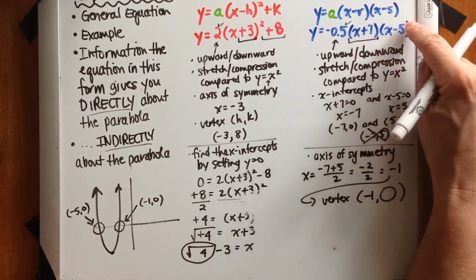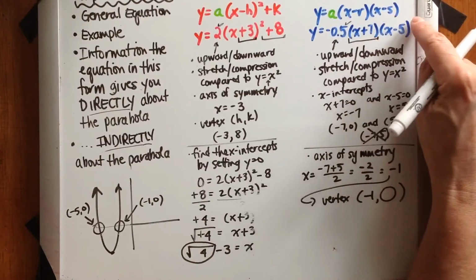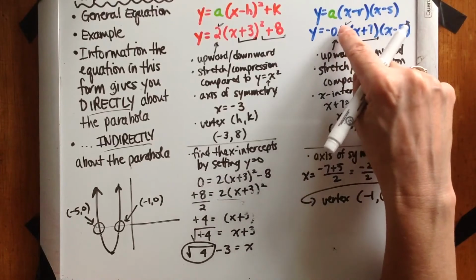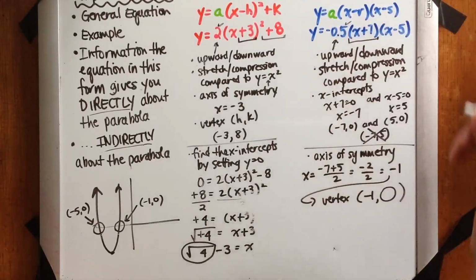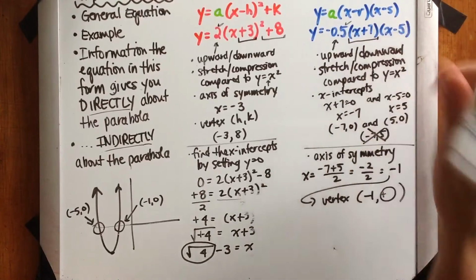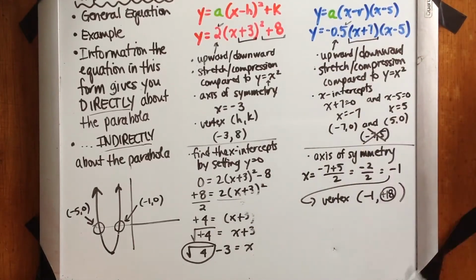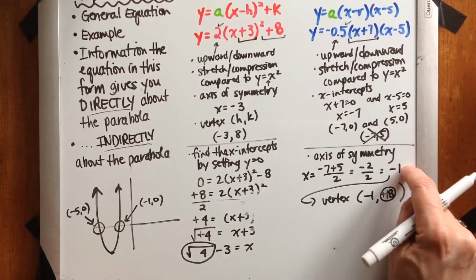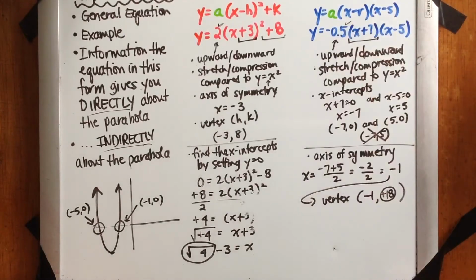Positive 6 times negative 6 would be negative 36 times negative a half. Negative times negative is positive, and half of 36 would be 18. Okay, so the vertex can be found just by subbing this x value into the equation.